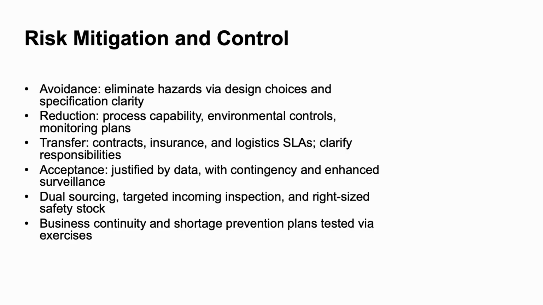In supply chain design, dual sourcing mitigates single point of failure risks, but it introduces its own complexity, such as change control, comparative validation, and inventory synchronization. Targeted incoming inspection based on historical defect rates and criticality can efficiently detect supplier variation without excessive cost. Safety stock and strategic buffers should be sized using probabilistic models of lead time and demand variability, with expiration risk accounted for in perishables.